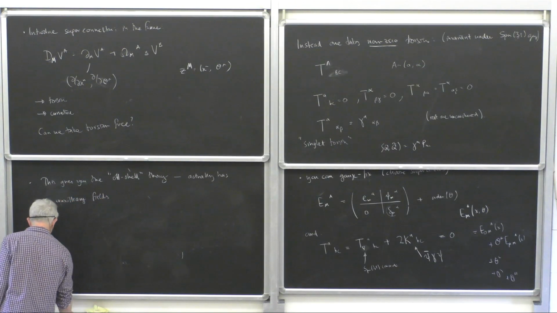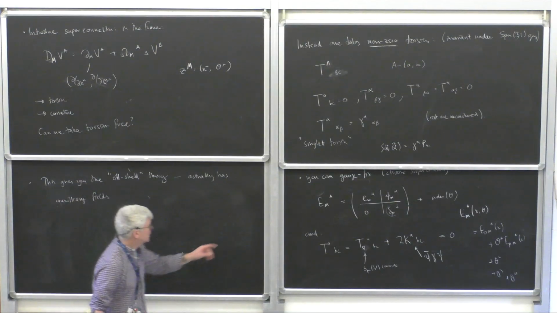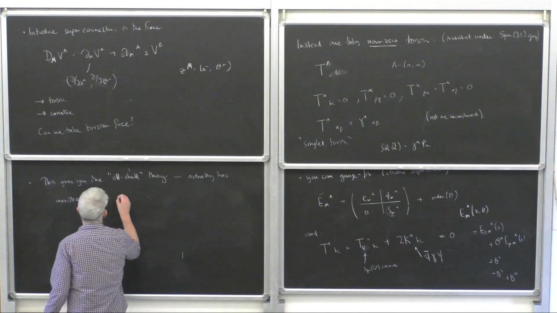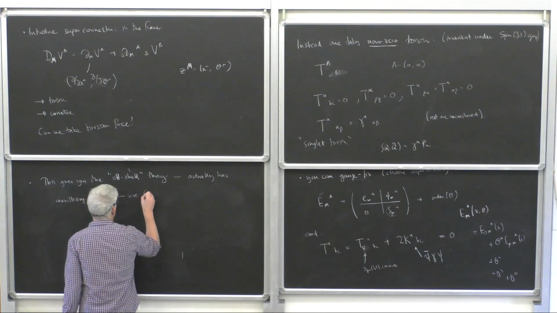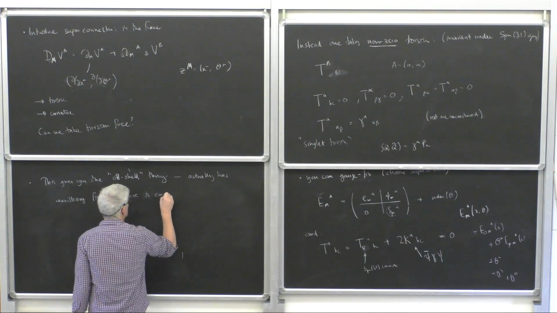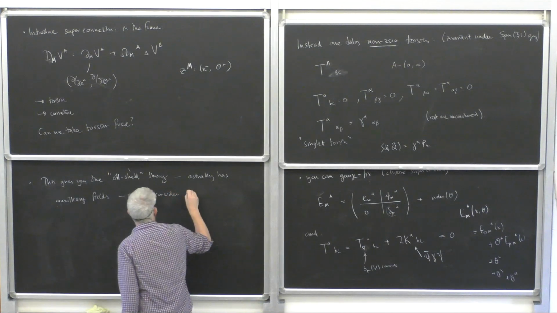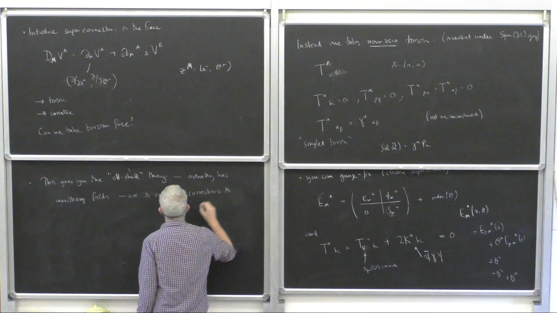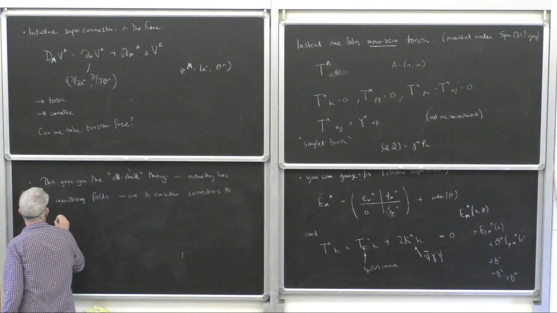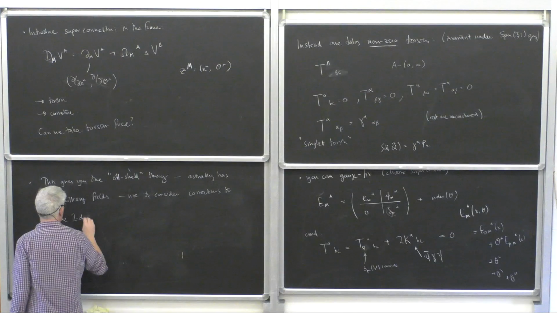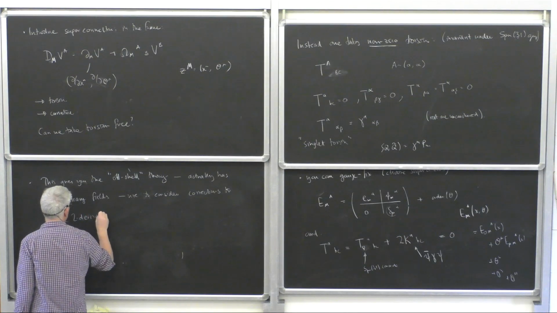So it really has some extra degrees of freedom in addition to these ones. And so you can actually use it to consider corrections to the two derivative theory.